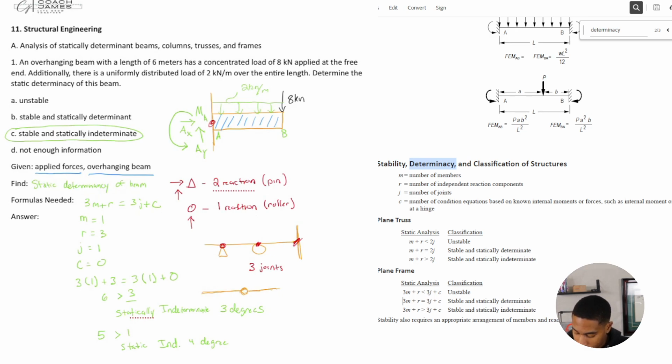But for all hinges, it has 2 reactions. Just to let you know. Okay. All right. I think that covers everything that we need to know. Let's go to number 2.